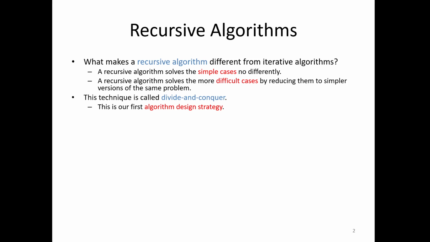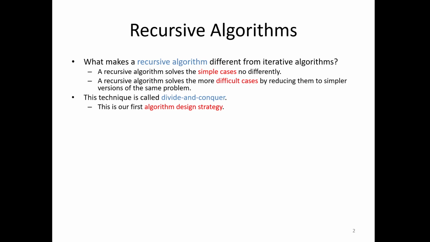So this principle is ubiquitous in computer science, but it's also the name of a very specific algorithm design strategy. Divide and conquer is both a broad principle and a narrow algorithm design strategy, and that's what I want to focus on here.